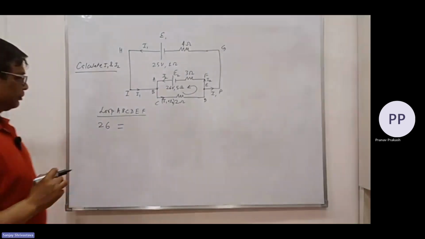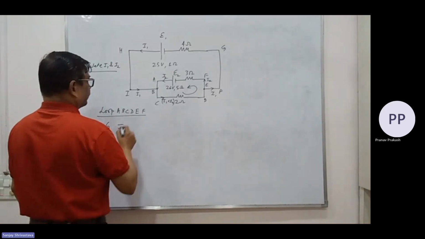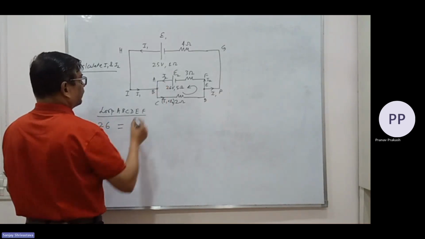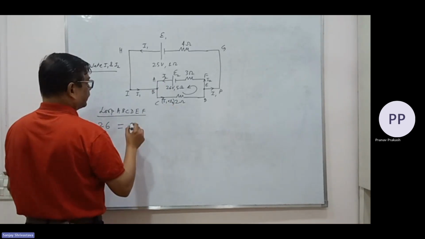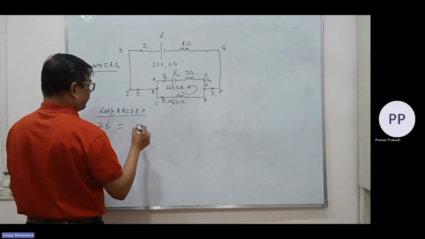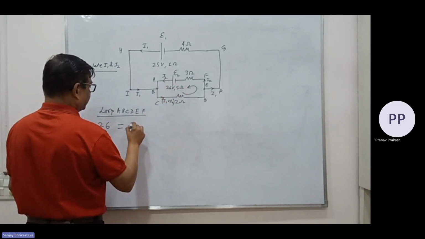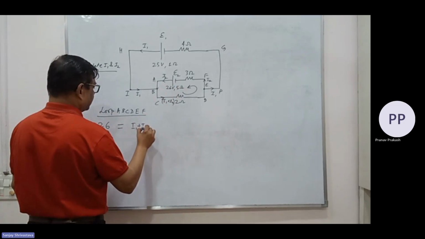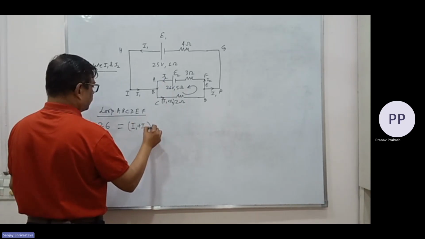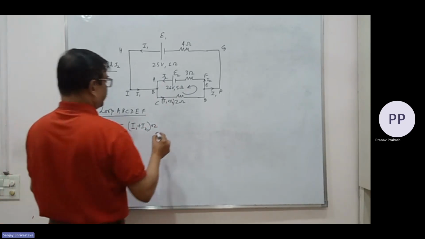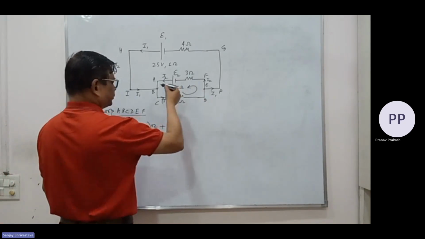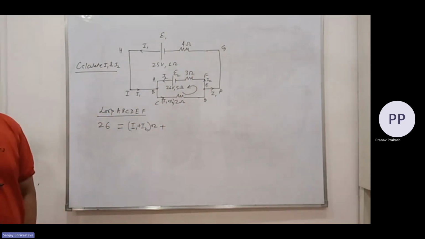Okay? Now the equation will be simple. To make 26 is equal to, अब इसमें I1 plus I2 into 2 ohm के same direction में as the loop, because we are taking anti-clockwise. So that means I1 plus I2 into 2 ohms. That is one part. Second part is 3 ohm के साथ भी direction is same as the direction of current.